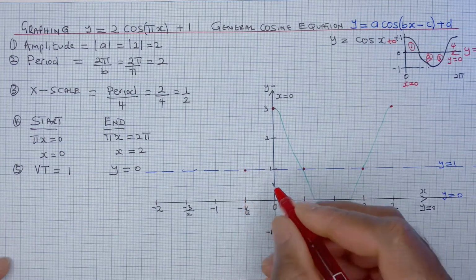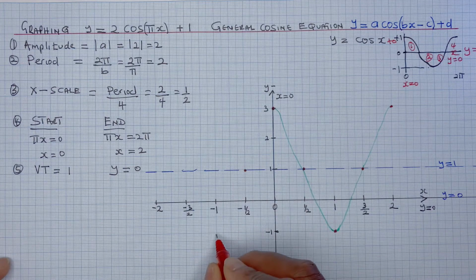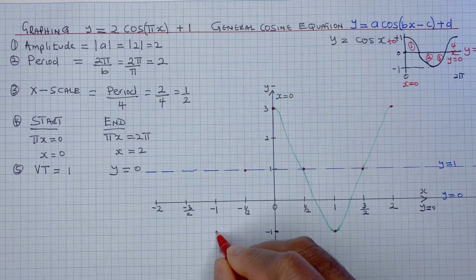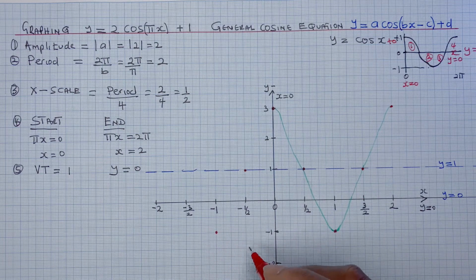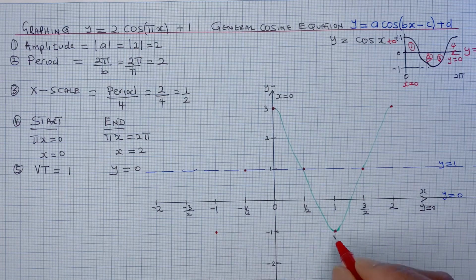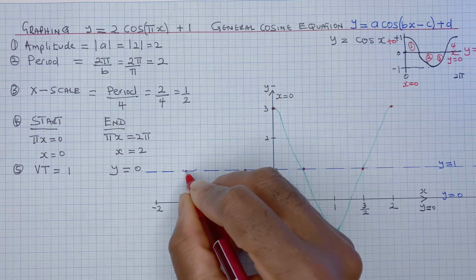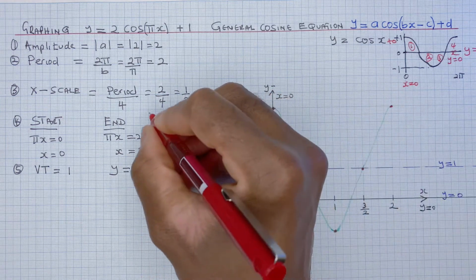And then from there, you will go down to minus 1 here. That's the minimum there, like that one. And back to 3 there.